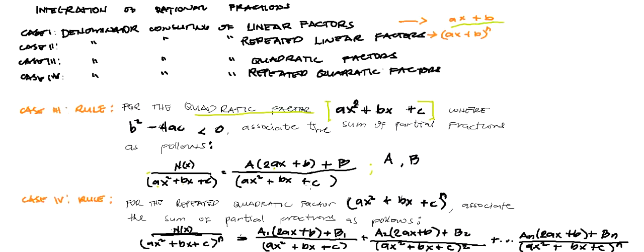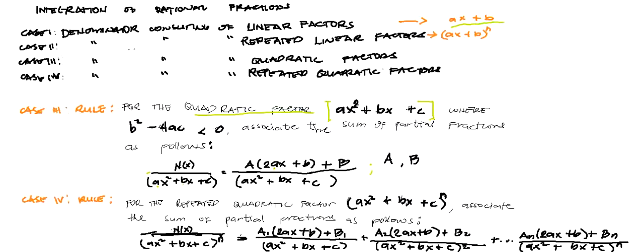Okay, so for case 4, the quadratic factor is repeated because it is raised to some number, or we say that it is raised to n.